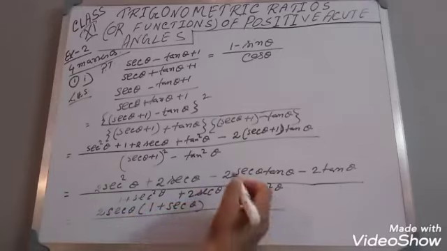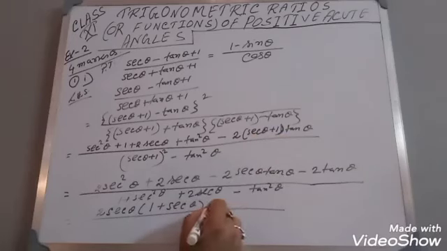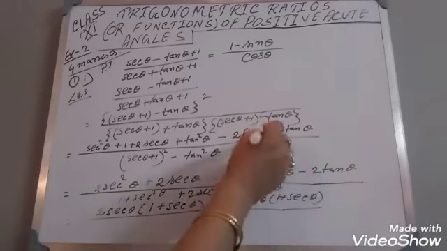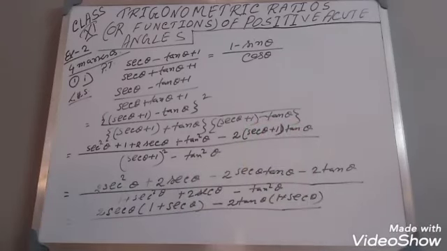It's better, no need to multiply this part. So it will be the same as before, minus 2 tan theta into 1 plus sec theta. That will be better. Just write this part here. And the denominator, what did I say? Sec square theta minus tan square theta is equal to 1, and this is 1, so it is coming only 2. So 2 plus 2 sec theta.